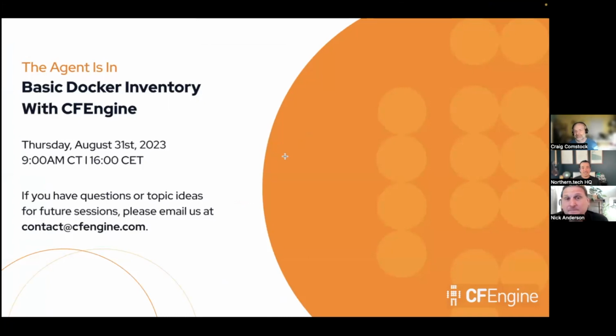Craig, what have you been doing with Docker lately? I have been making packages, like enterprise packages locally, which is much easier than it was for me before. Last episode we did some Docker stuff in GitHub, which I've been doing as well.